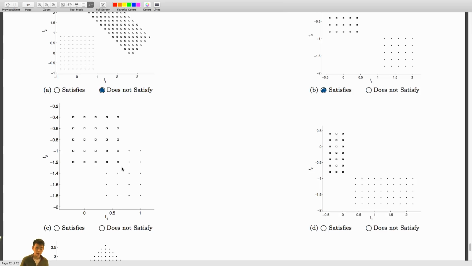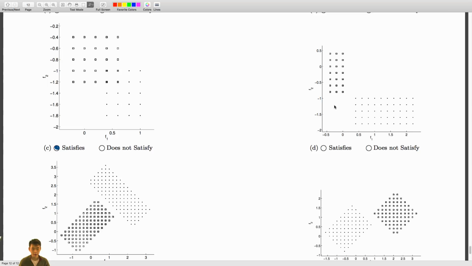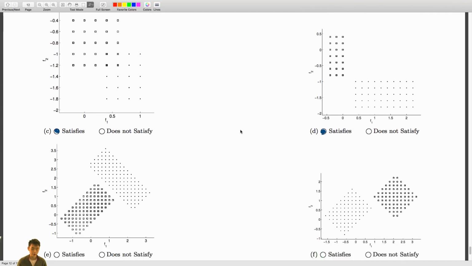But regardless, the way these two classes are set up, they satisfy the naive Bayes modeling assumptions. And then D, because these are perfect rectangles aligned along the axes, knowing one feature doesn't affect what you know about the other feature, so this satisfies the naive Bayes modeling assumptions.